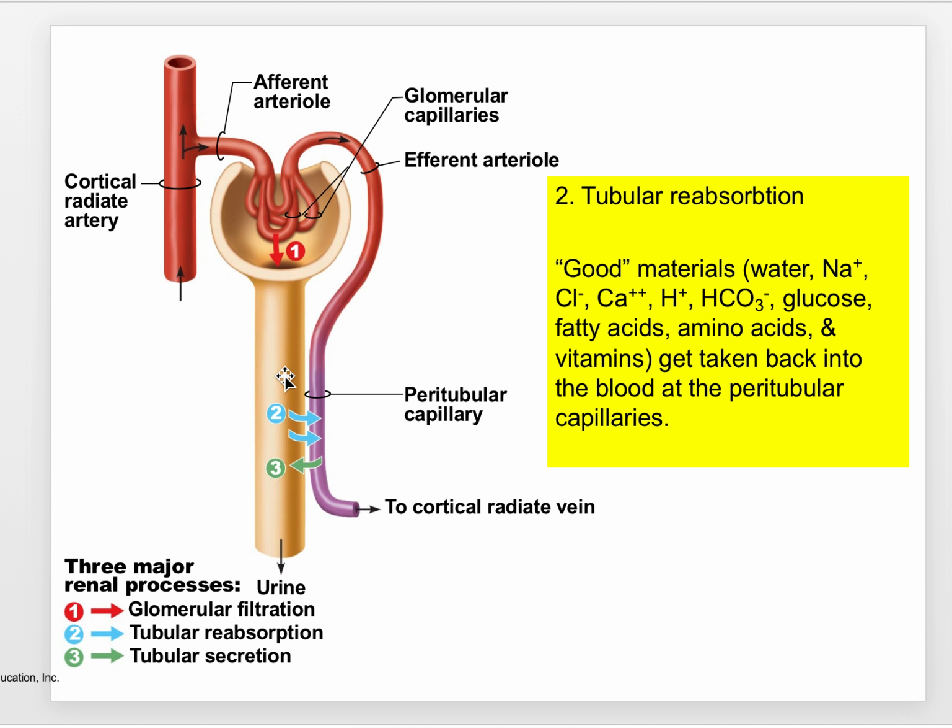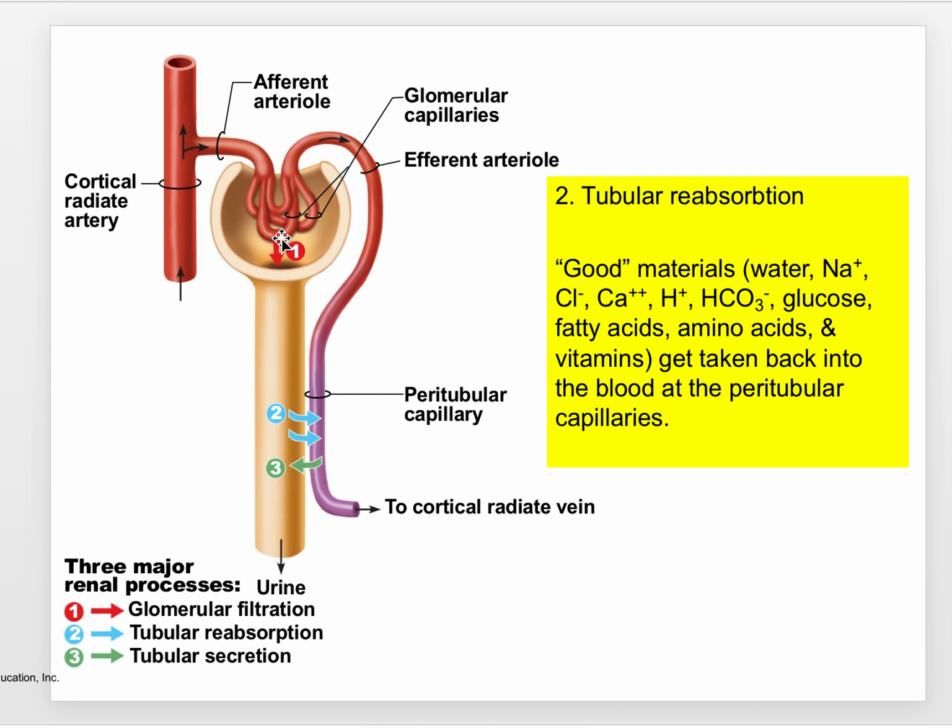And the second step is reabsorption. The tubule starts to reabsorb good materials that are needed for maintaining the homeostasis of the body. So the tubules can reabsorb water, sodium, chloride, the different electrolytes, glucose, fatty acids, amino acids, vitamins, things that the body needs can be brought back into the blood supply.